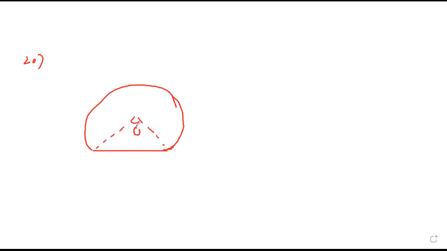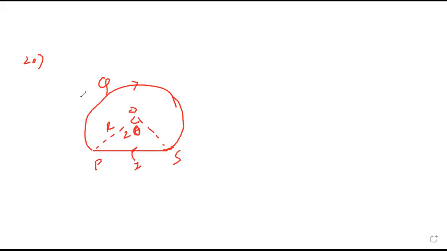Current is I through this arc and straight wire. Radius is R at center.